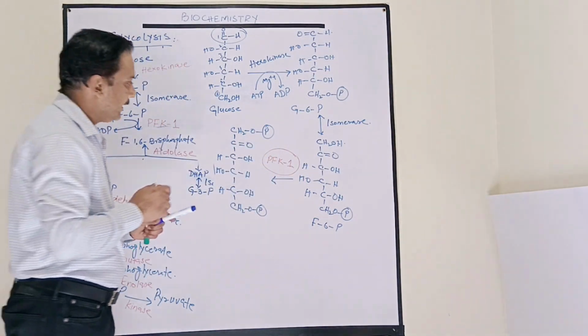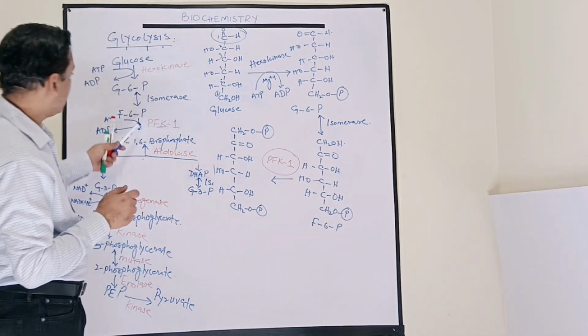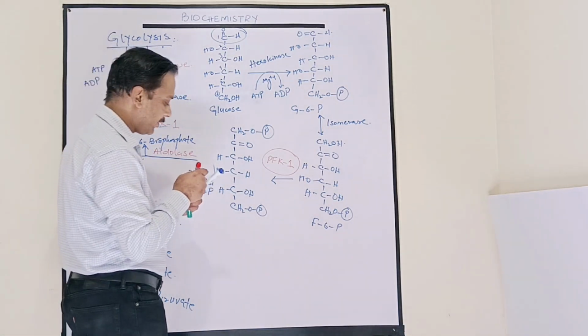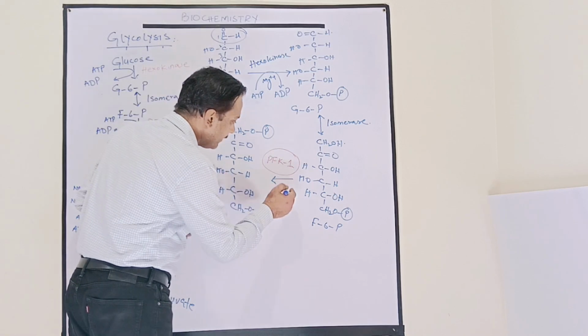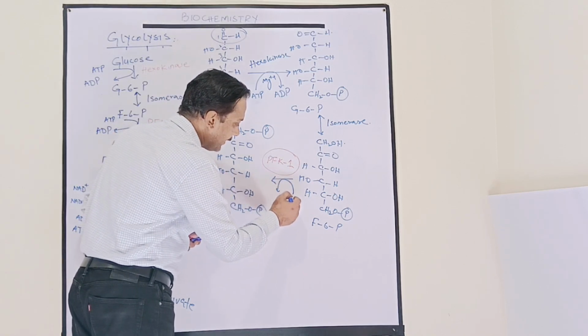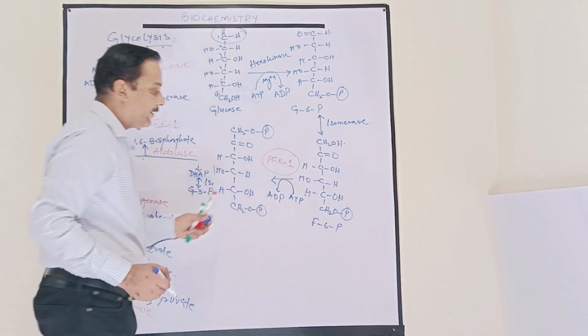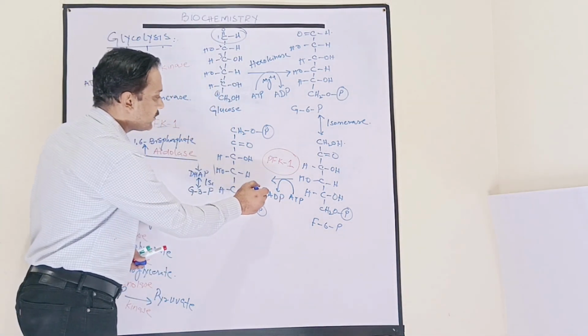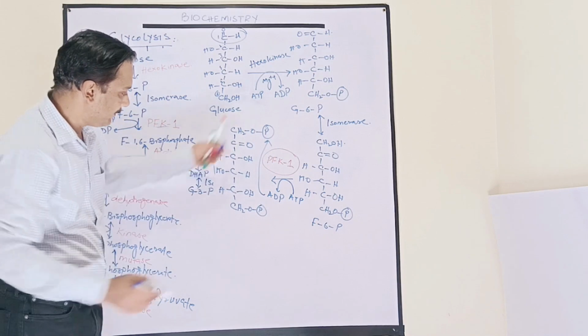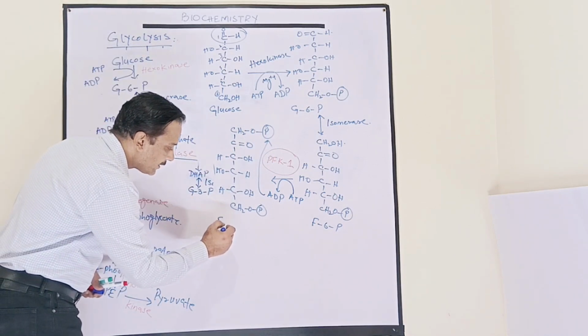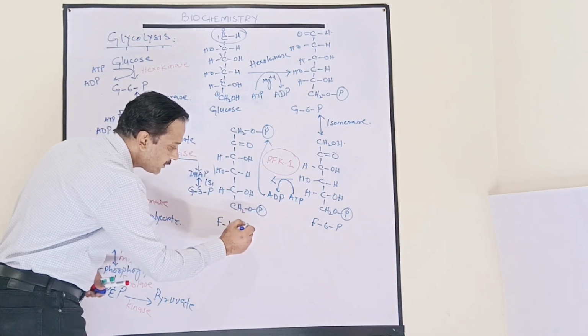Here one molecule of ATP is converted into ADP. The one phosphate which is liberated is introduced here. So it becomes fructose 1,6 bisphosphate.